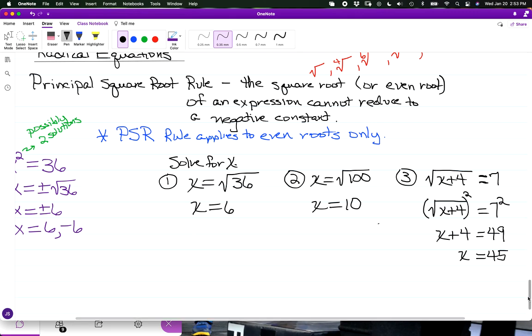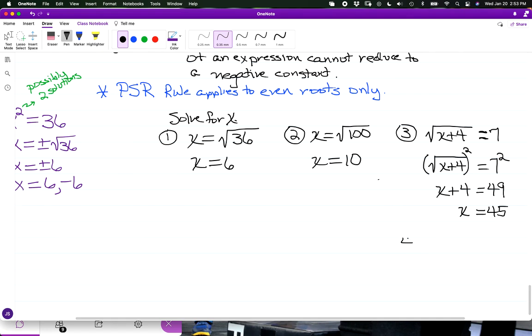And say we have just added cases here. If I have, let's say, the square root of 2x plus 5 is equal to negative 3.